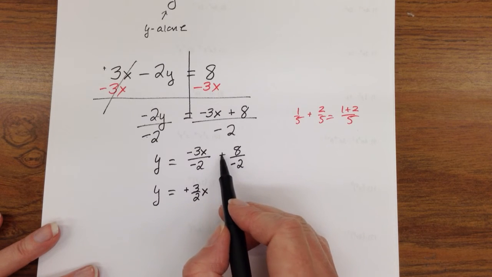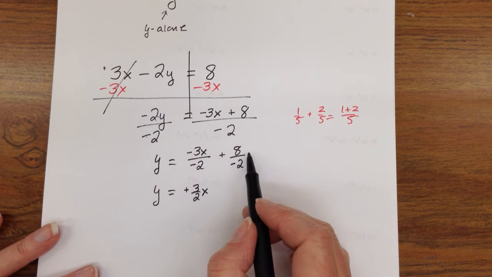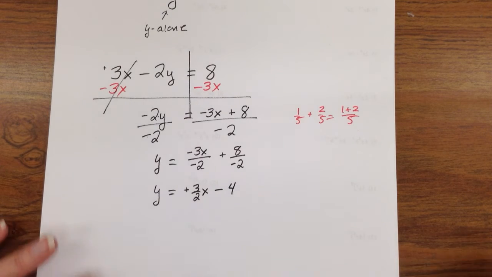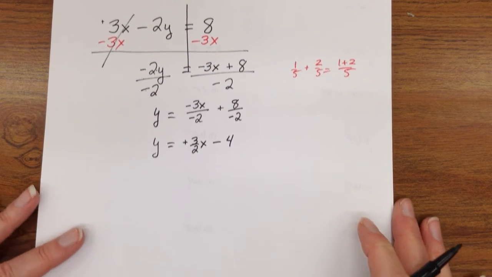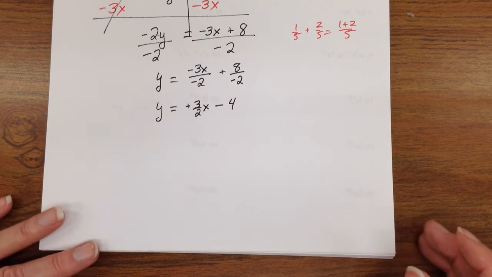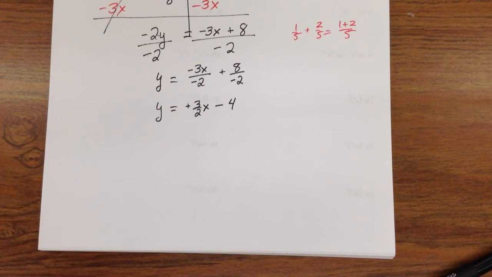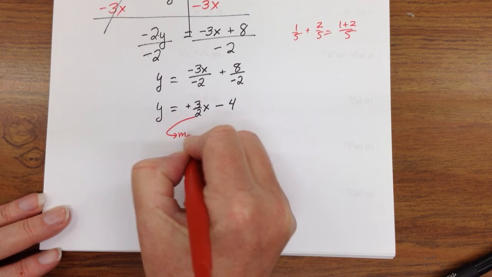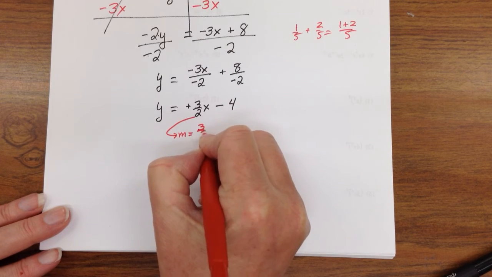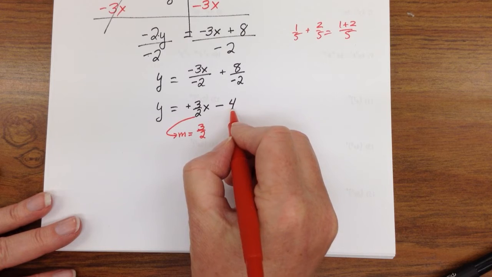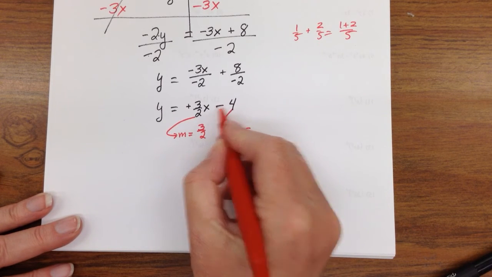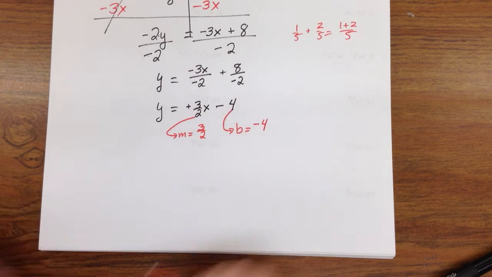Next up, positive 8 divided by negative 2. That's negative 4. That's slope-intercept form. The slope of our line, also known as the m, is 3/2, and the y-intercept, also known as the b, watch the sign, is negative 4.